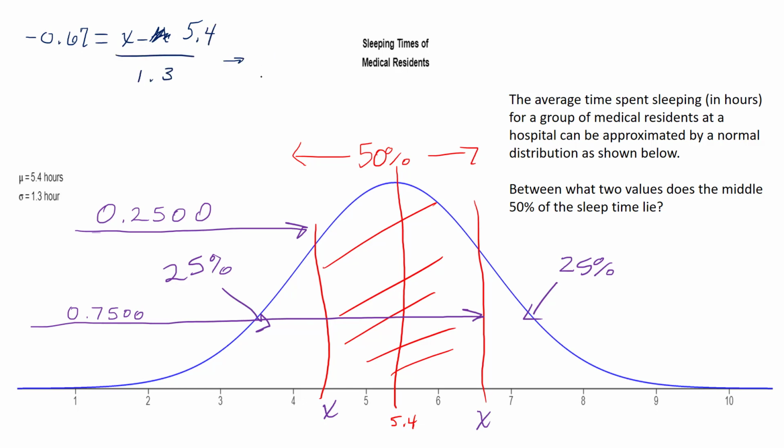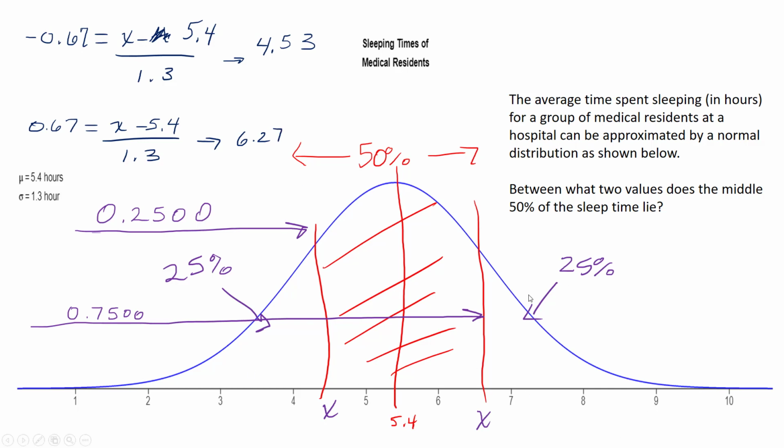And using the same techniques as before, negative 0.67 times 1.3 plus 5.4, you should get the x value of 4.53. And then we do the same thing for the upper, x minus 5.4 over 1.3. And solving that for x, you should get 6.27 for those x values.